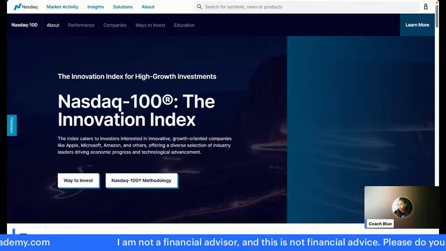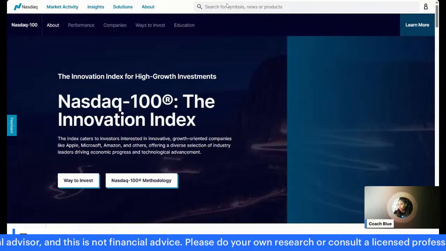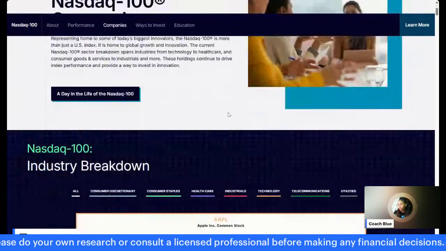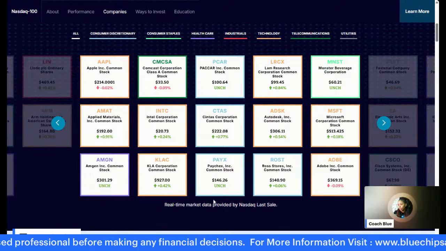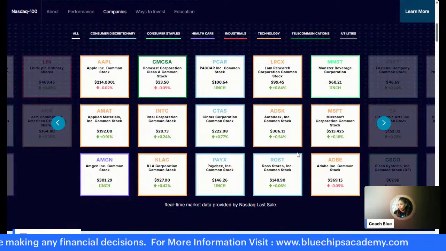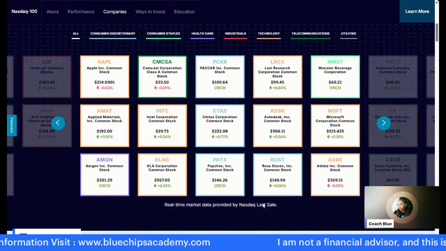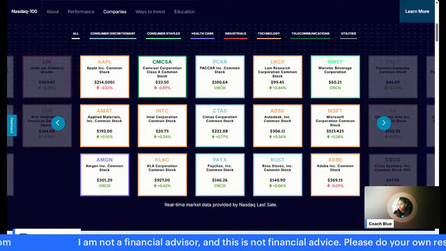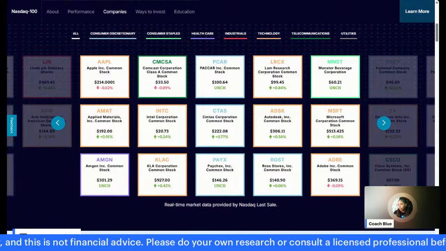Other companies you might be familiar with are Paychex, Adobe, Ross, Monster Beverage, Comcast, and Intel. A lot of well-known companies are comprised within the index, and we trade the performance and the price of the index.